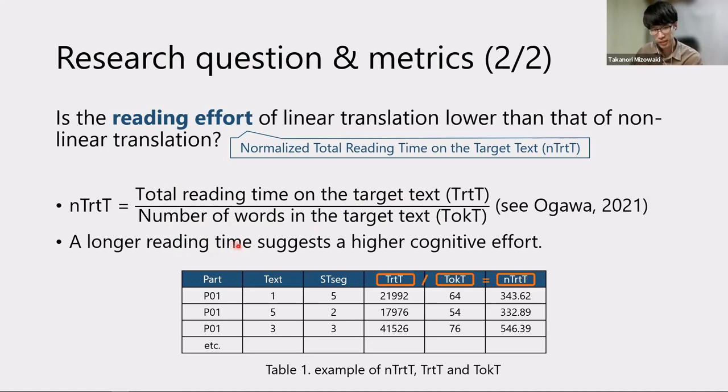In this study, the data was uploaded to the CRITT Translation Process Research Database, TPRDB, for analysis. So the calculation was based on the total reading time on the target text, called TRTT, and the number of words in the target text, called TOKT, of the table automatically generated from the database.